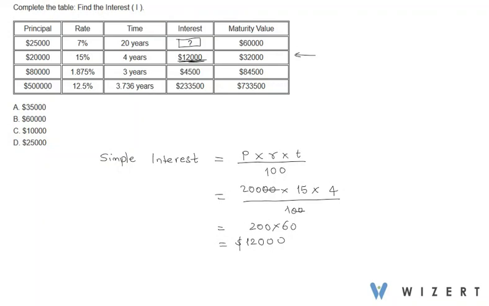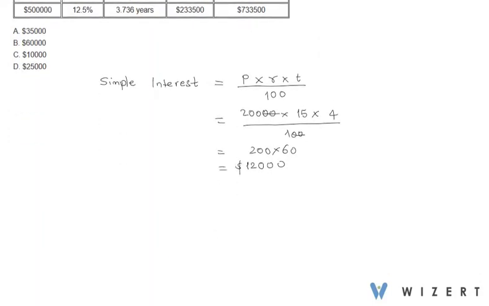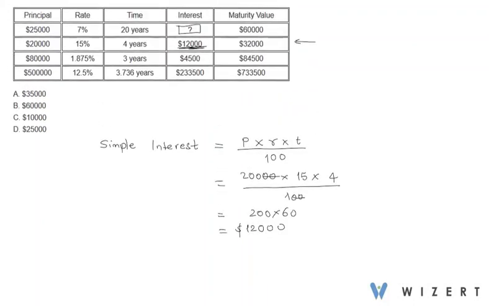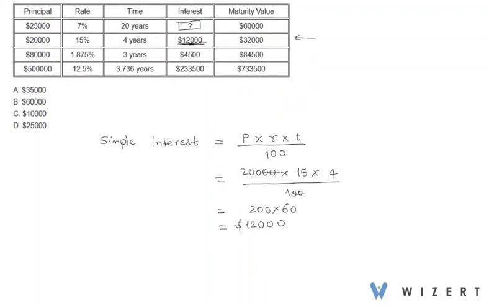So in order to calculate the required interest, we'll simply need to use the simple interest relationship. Now instead of multiplying the entire thing, we can simply find interest by using the maturity value.